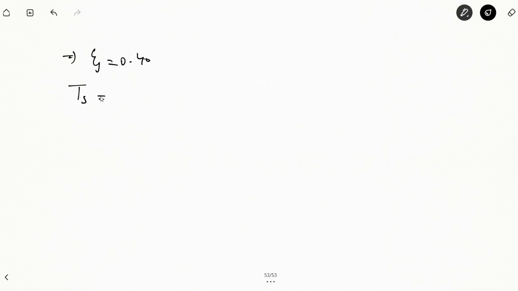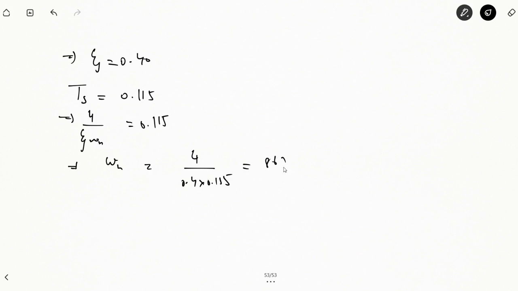Also you have been told that ts should be equal to 0.115 seconds. That means 4 by zeta omega n should be equal to 0.115 seconds. Zeta is 0.40, therefore omega n is 4 divided by 0.4 into 0.115, which is equal to 86.29 radians per second.